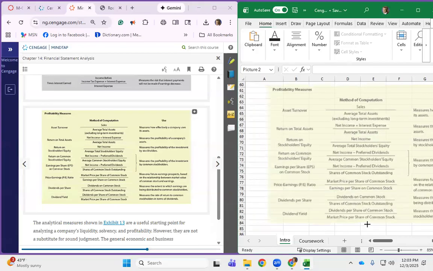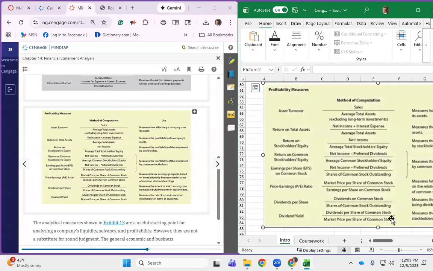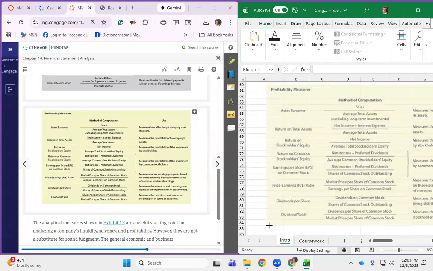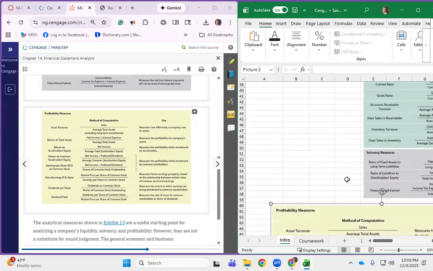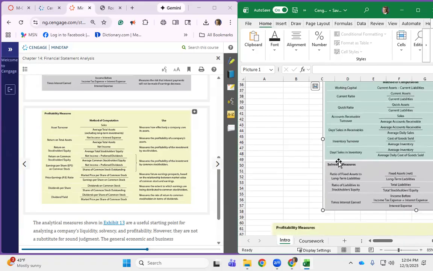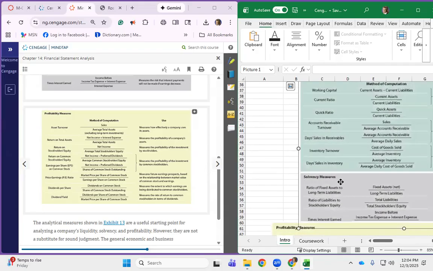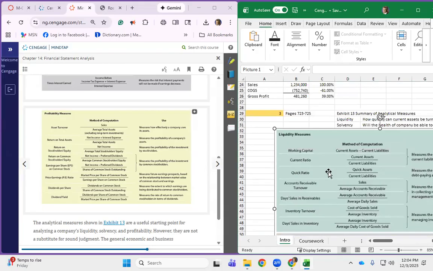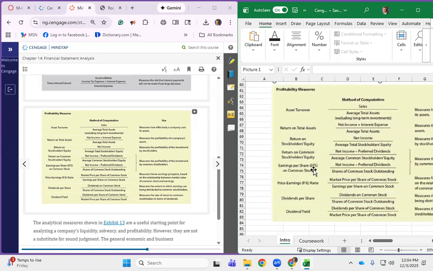So we're going to practice these measures here and these measures here in this chapter. That's pretty much what this chapter is about. I'm going to leave them right here.